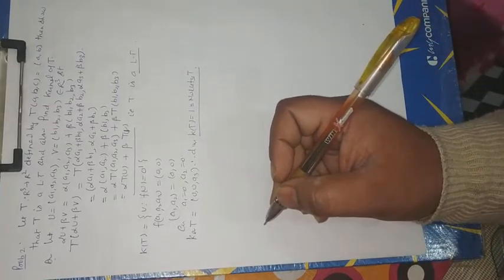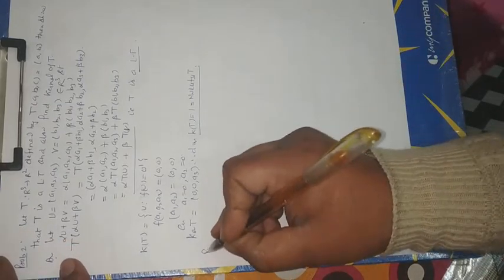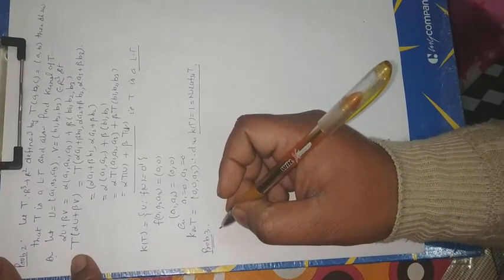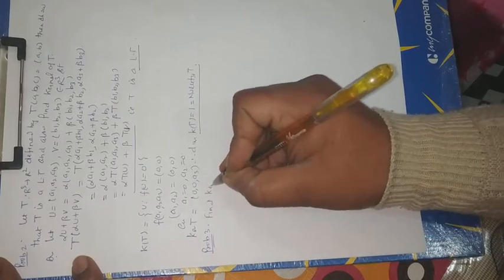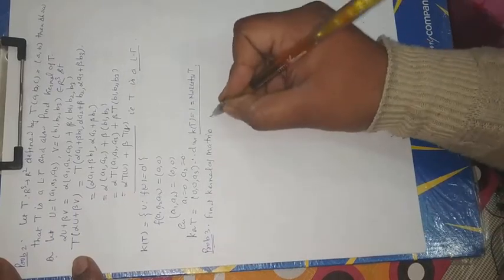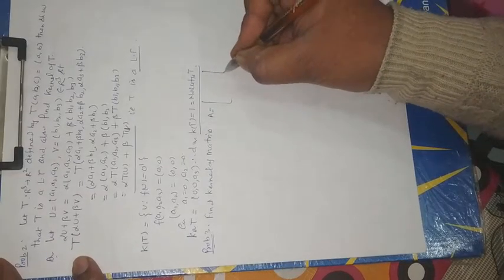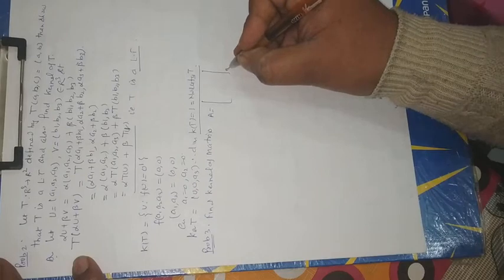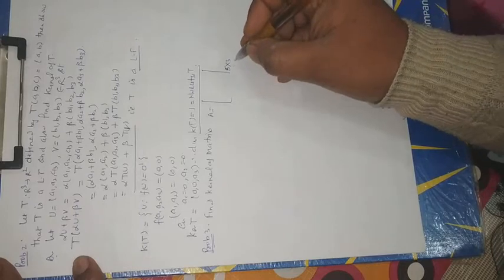Okay. Now next problem, problem number 3. Find kernel of matrix capital A, this is equal to, 5 by 3. This is the order.